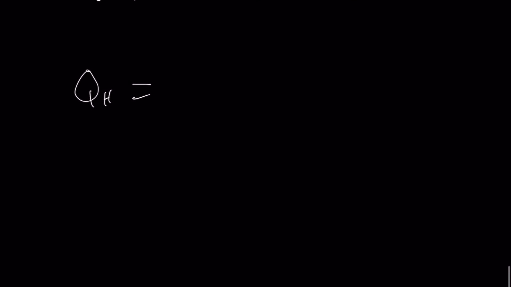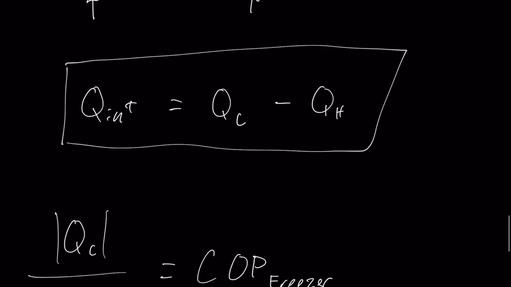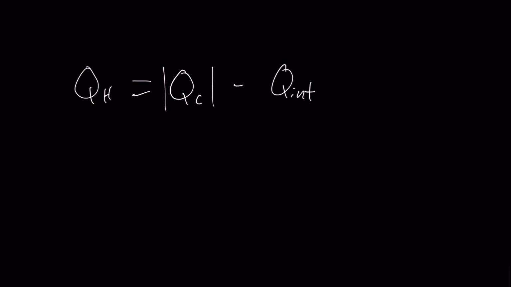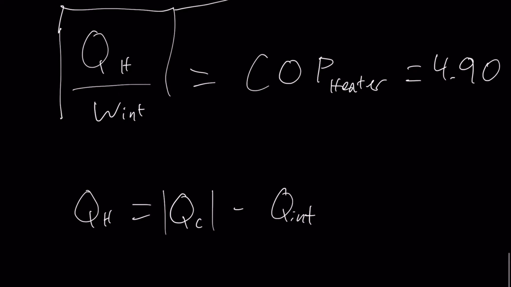So we can say that Q hot just equals Q cold minus Q internal. And all we did is just rearrange this equation up here to find Q hot. Now from that, we can plug in Q cold minus Q internal into this equation up here.